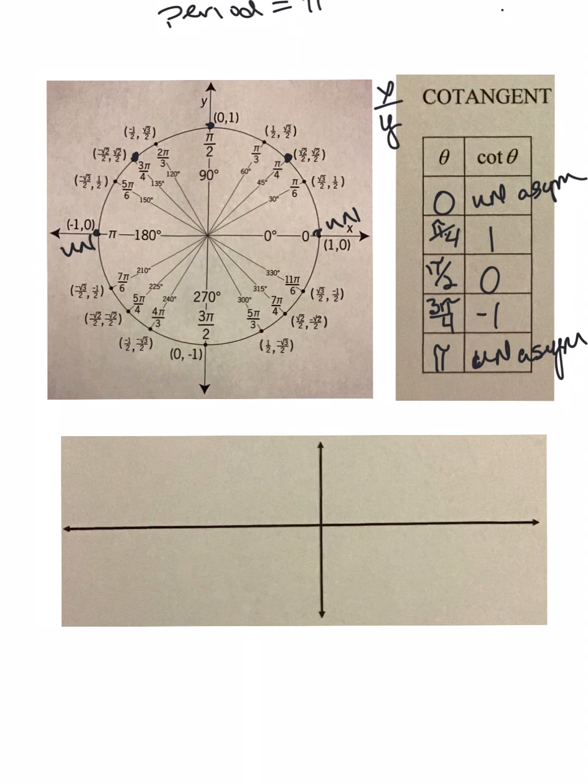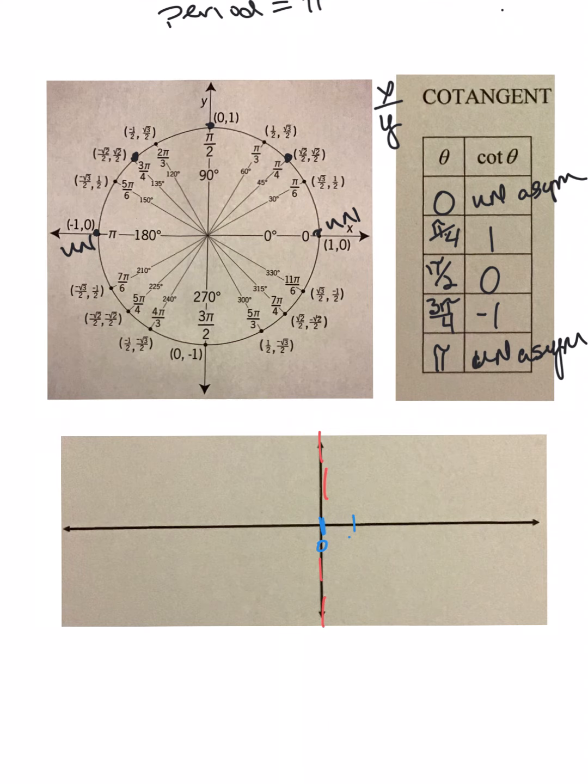So this graph is very similar to the tangent graph in several ways. What is different is that our first mark is at 0 this time, and that will be an asymptote.